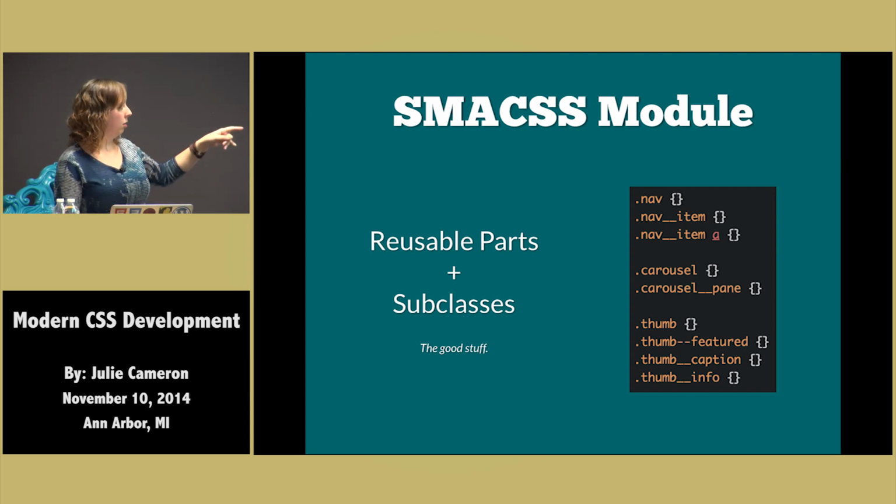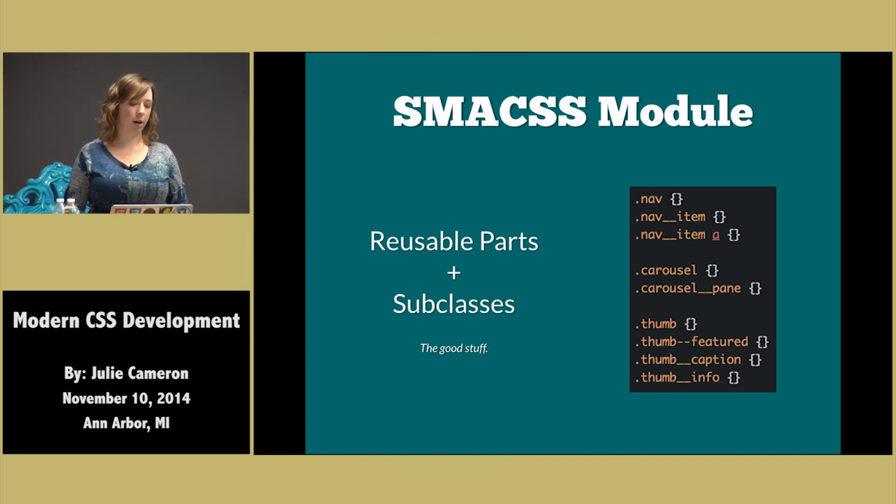We can see in the top example here, our nav item, we've nested an anchor selector in there. Now, he says, try to avoid these in general unless you are absolutely sure that that element will be there all the time and that it's also within one level of the class selector it's contained within. So in this case, we've got a nav object.